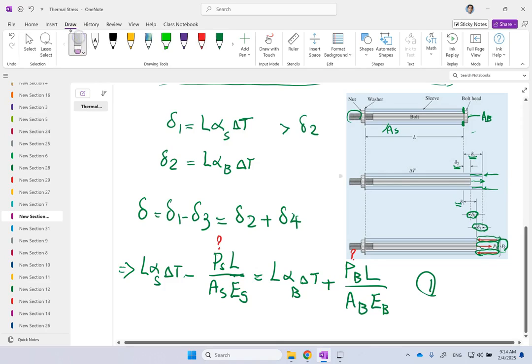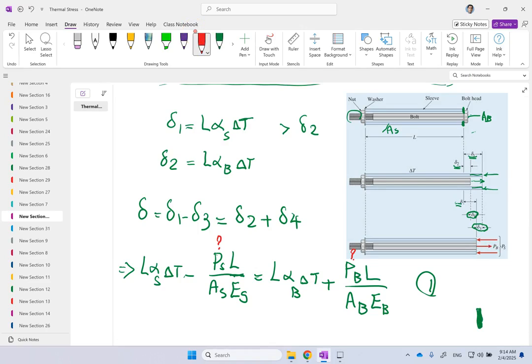Now, if I look at the free body diagram, what can I see here? Well, all I need is to look at the washer on this end. The forces acting on it: one force comes from the bolt, right? The bolt is going to be extended, correct?